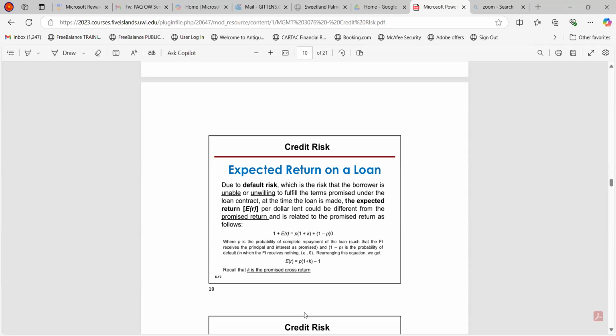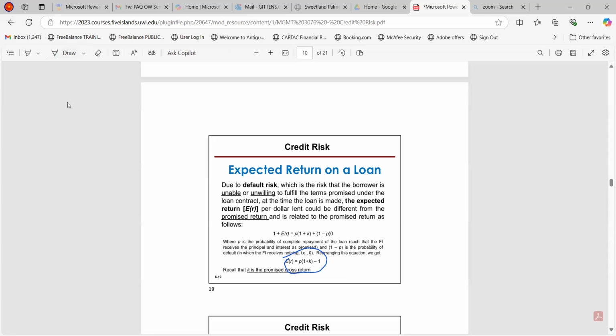So the expected return of the loan is going to be equal to this right here. This is going to be the expected return on the loan. So there's a formula you keep in mind. We will have a look at that a little later.